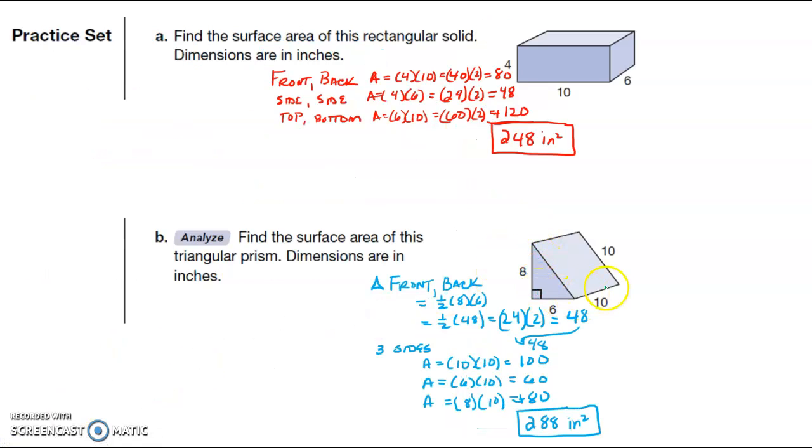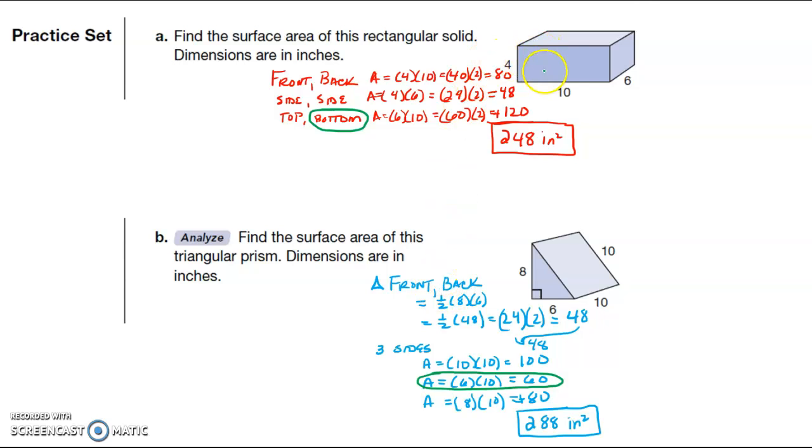Okay, if I put this on top of another of this box, then the bottom of this is going to go away and the top of this is going to go away because we just want the surface area, which is the outside, right? So let's see. So this is going to go away. And then the bottom part of this, 6 by 10, that's going to go away. But the rest of it is the same.